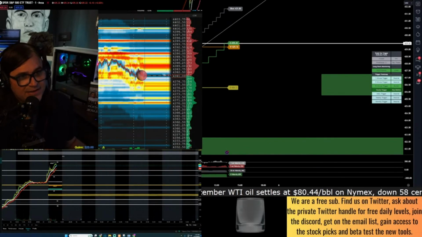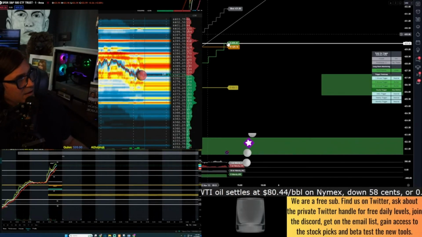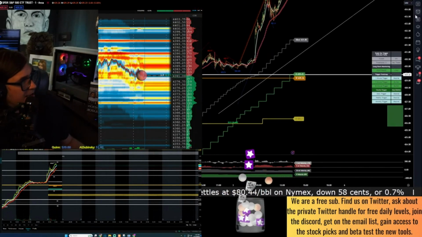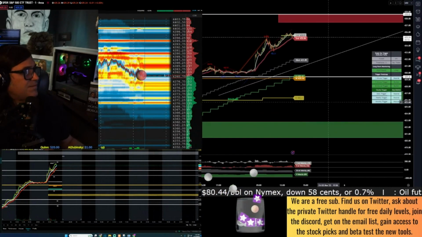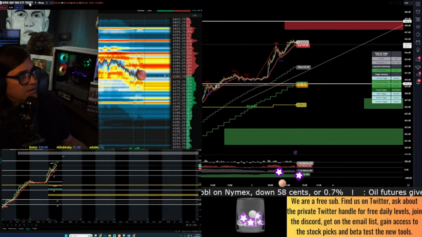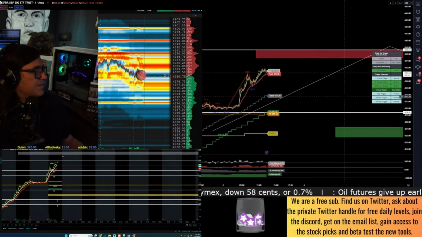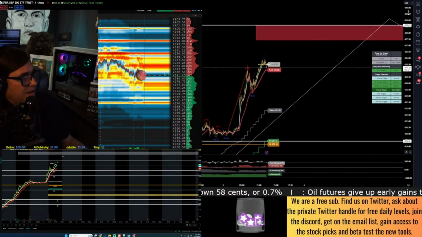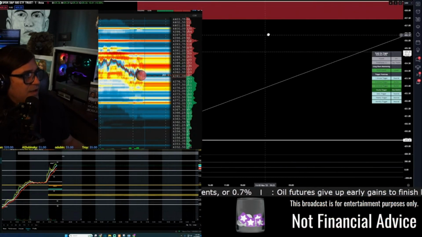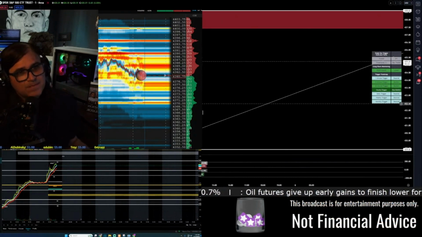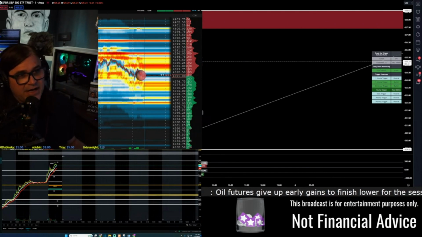It's fairly simple, fairly simple math here, right? And you can see it right here too. Fairly easy trade, and you don't really have to sweat too much.